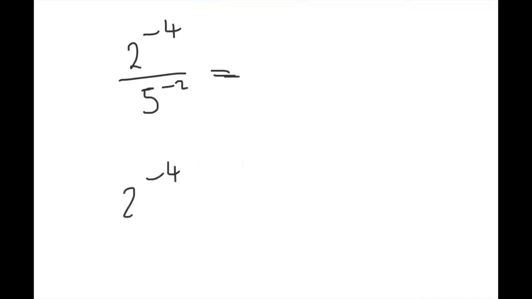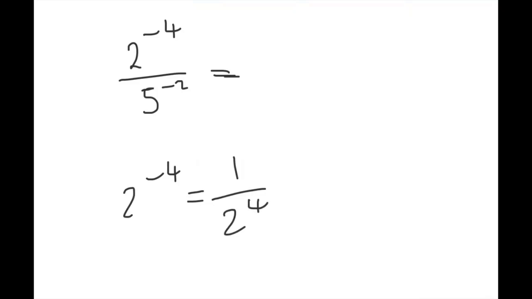Let's do something different. 2 to the power minus 4 divided by 5 to the power minus 2. So if we have something like this, what I'm going to do, I'm going to swap it around. And what I mean by that, the 2 to the minus 4 is going to become 1 over 2 to the 4.